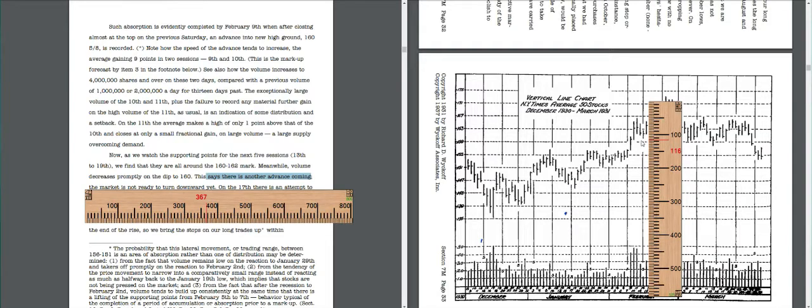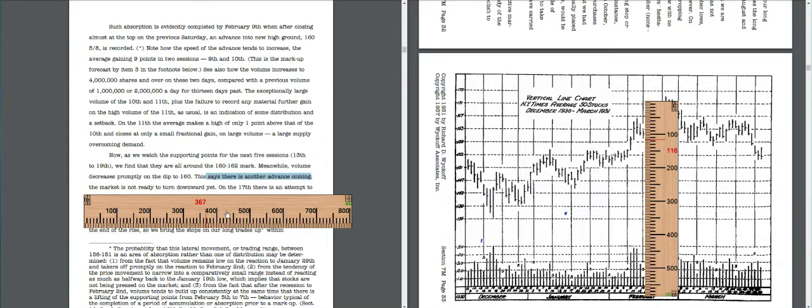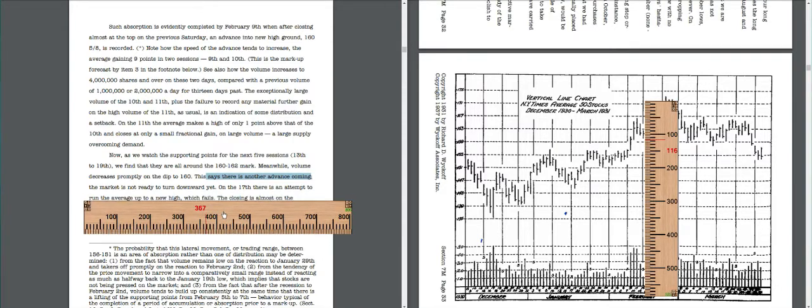Not really, not that much of a high-end, but it would be nice if you had terminated through a climax. It's not the case this time. Anyway, the low volume dip is so low that it's telling you there's another advance coming. The market is not ready to turn downward yet, even though there's been preliminary distribution.